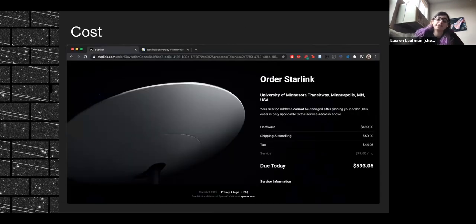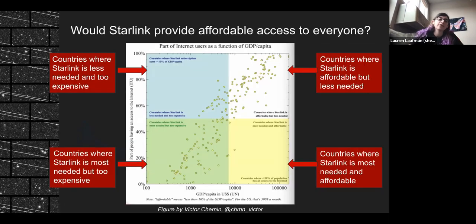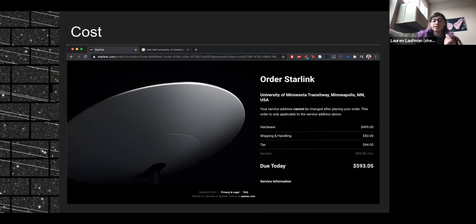Now, what are the costs? I just plugged in the University of Minnesota just as an example to see what the cost is. And it is approximately a $600 down payment for the actual dish called Dishy. And then also the service is $100 per month, which could be useful, but that's a lot.